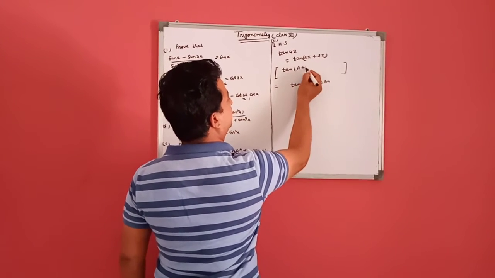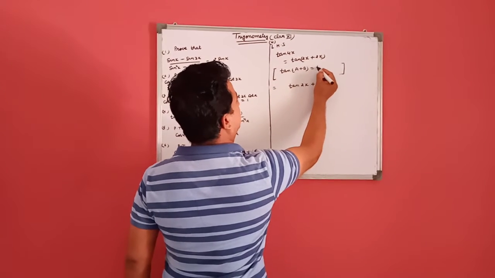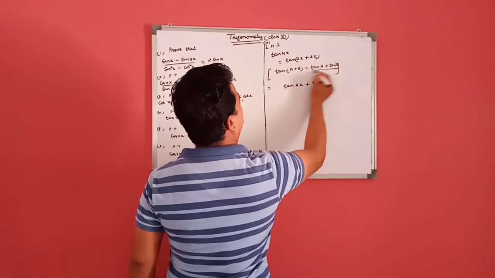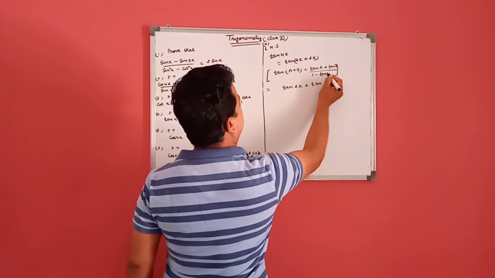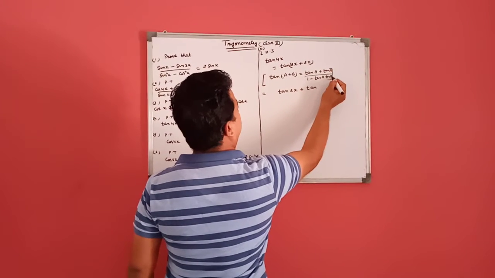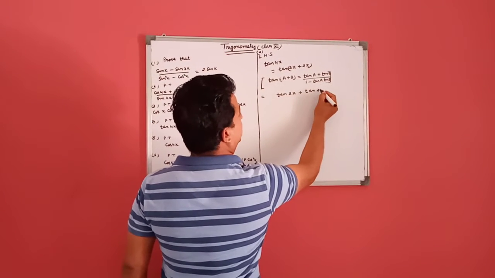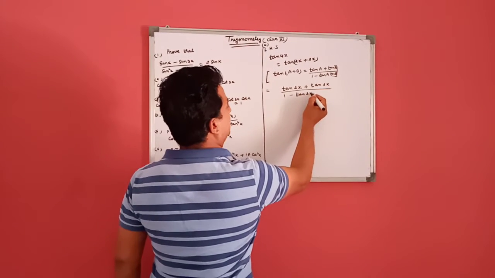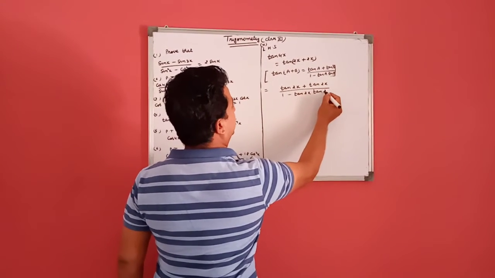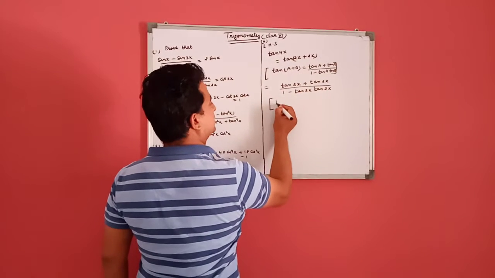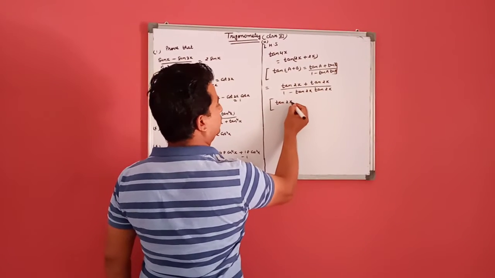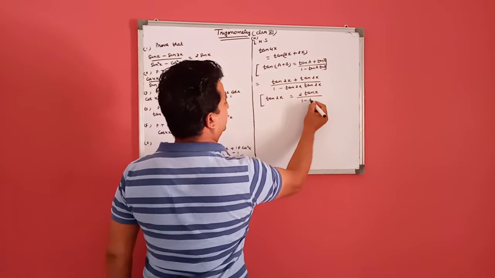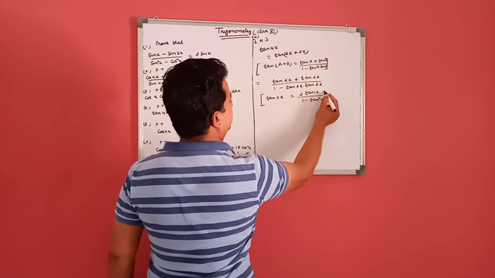In this we first apply tan (A plus B), that is (tan A plus tan B) over (1 minus tan A into tan B). This becomes (tan A plus tan B) over (1 minus tan A into tan B). In this we apply tan 2x equal to 2 tan x over 1 minus tan square x.